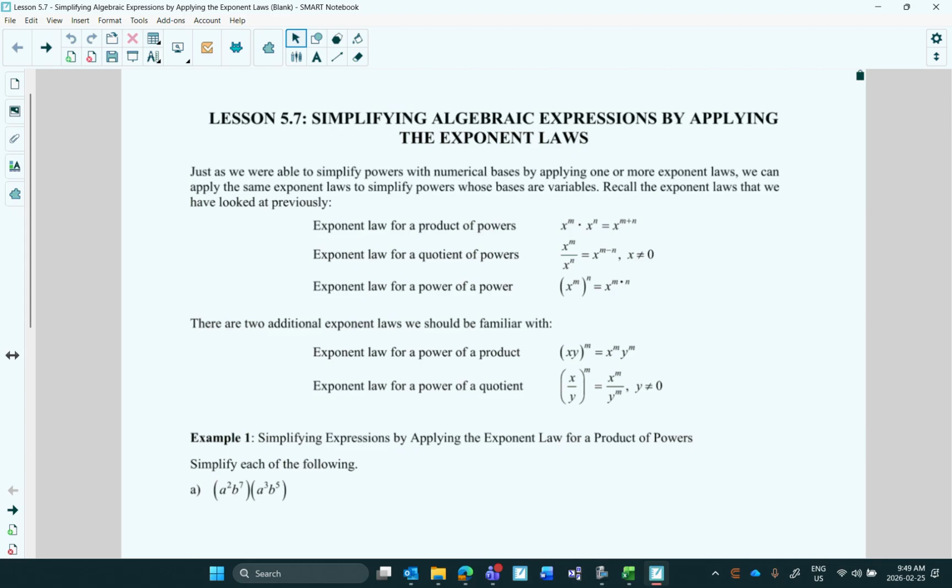When you multiply 2 powers together, what happens to the base? Stays the same, right? What do we do with the exponents? Add them. So that's this one right here. When we divide 2 powers, what happens with the base? Stays the same.